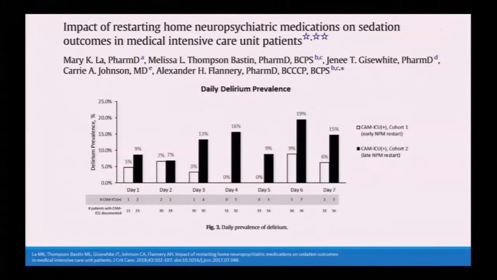As you can see, the black bars tend to have a higher percentage as time goes on, whereas the patients who were started early developed delirium less. So getting those neuropsychiatric medications started early is very important when we're thinking about preventing delirium.